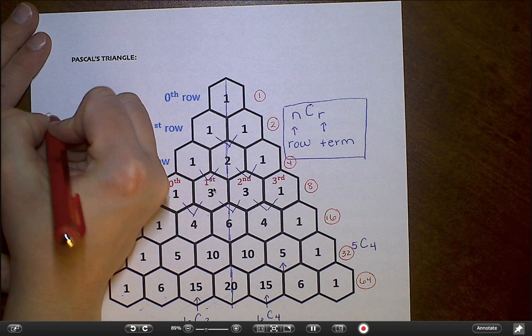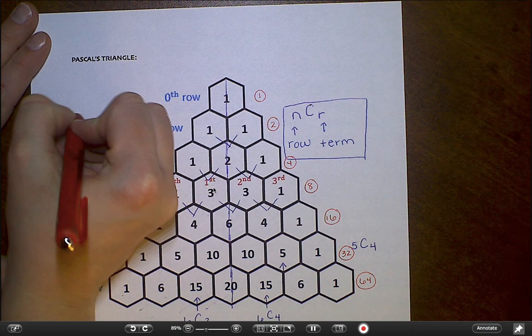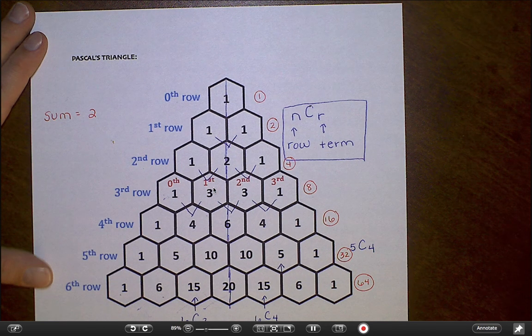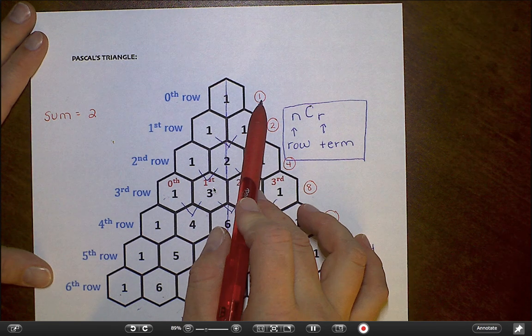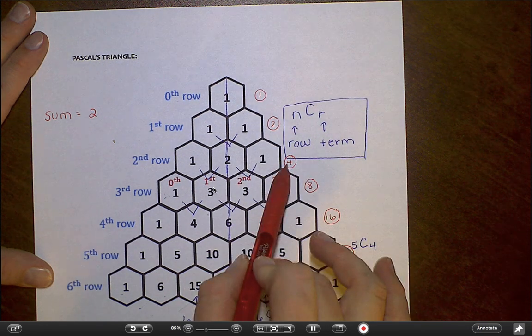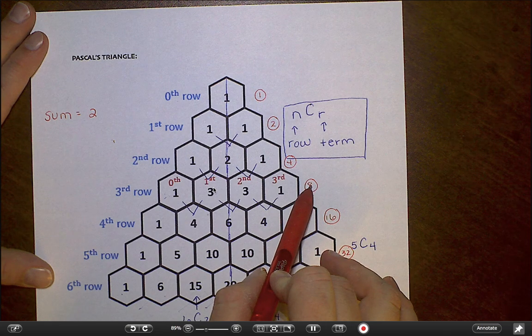So the sum of the rows is always going to be represented by 2 to some power. Think about 2 to what power makes 1? 2 to what power makes 2? 2 to what power makes 4? 2 to what power makes 8?